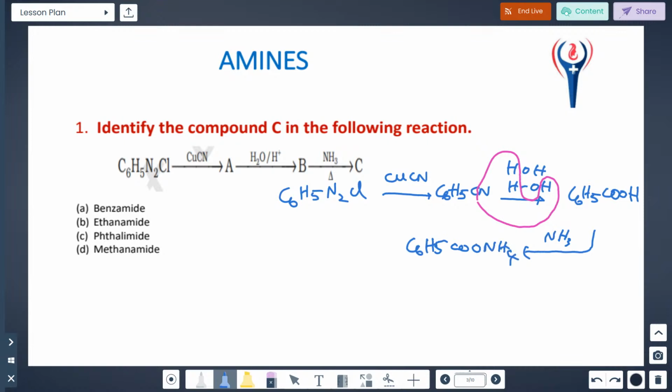Already one hydrogen is there, now it becomes C6H5COONH4. Then followed by heating. So we have to heat. When you heat, the product forms, as I told you. H2O will be removed, so minus H2O.